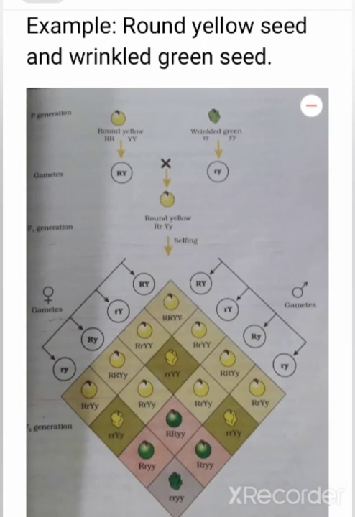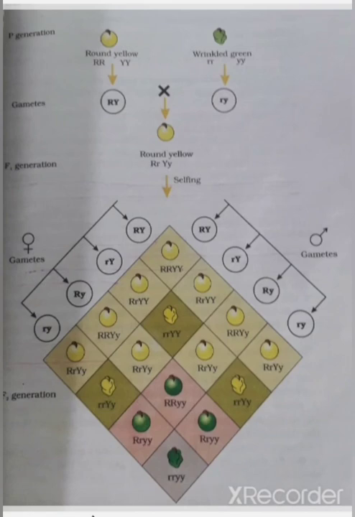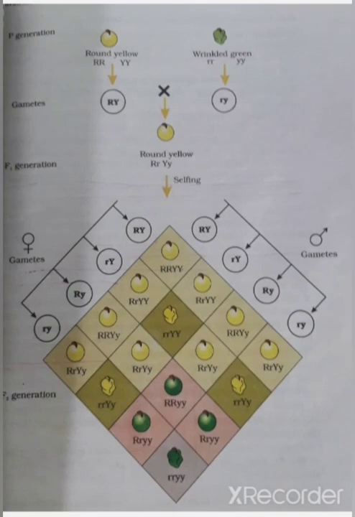We know a cross involving two characters is called dihybrid cross. The offsprings obtained by this cross is called dihybrid. In his experiment, first he selected self-pollinated, that is the pure breeding plants as their parents.